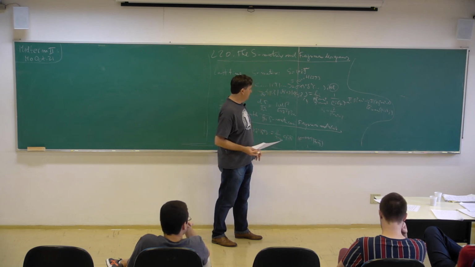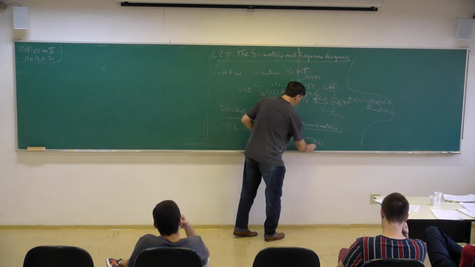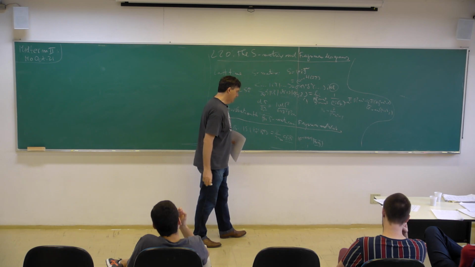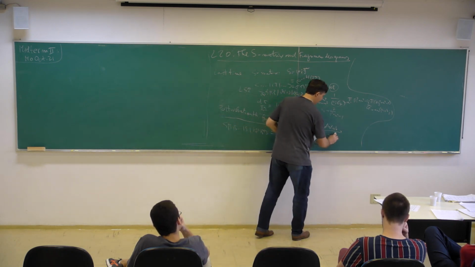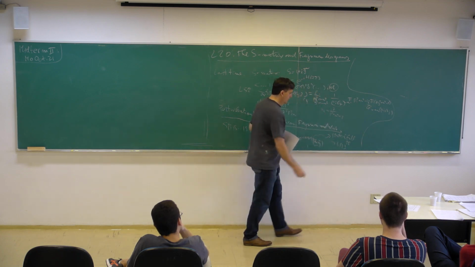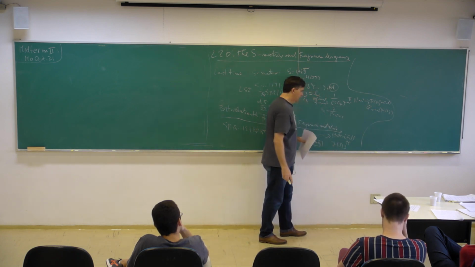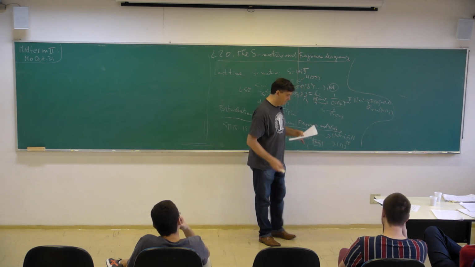But in both ways of thinking about things, these states were states in the full theory, so states that are obtained by acting with some a dagger on the full vacuum Omega, right?